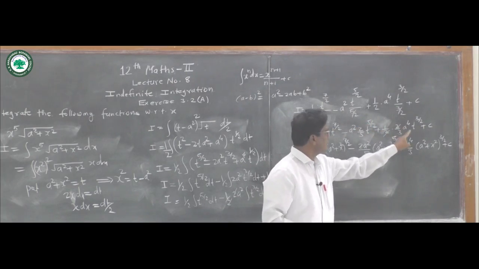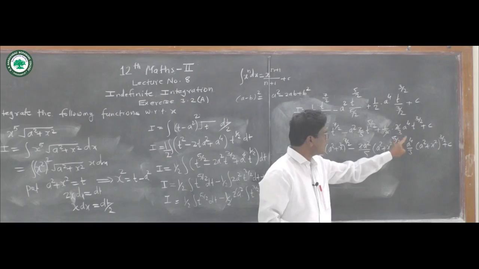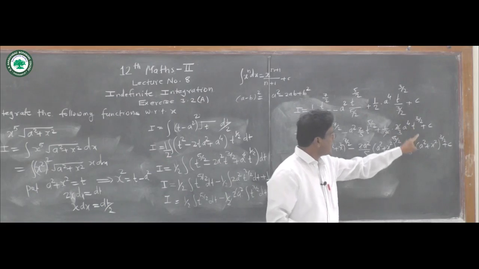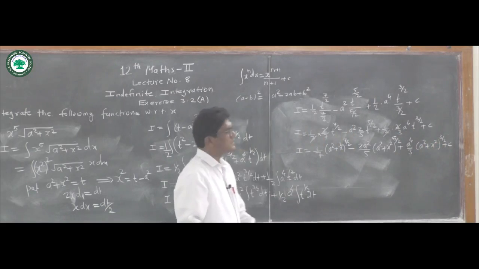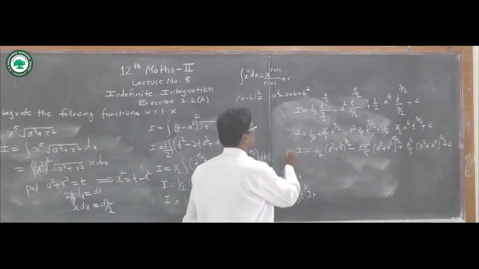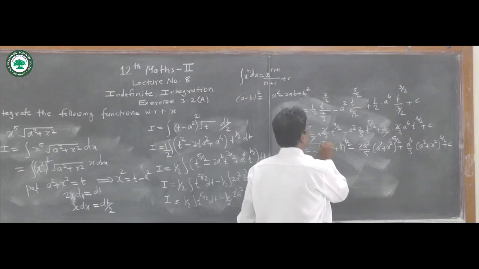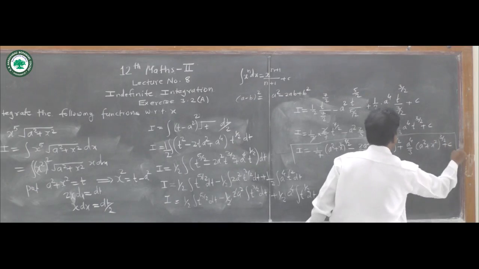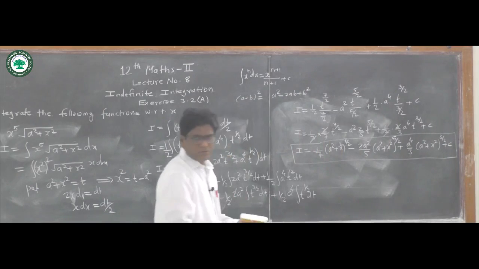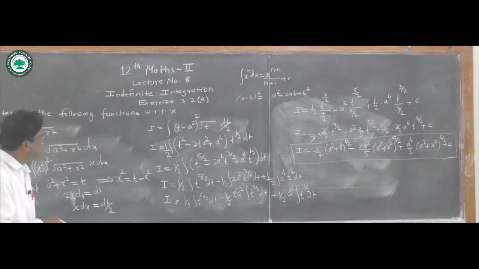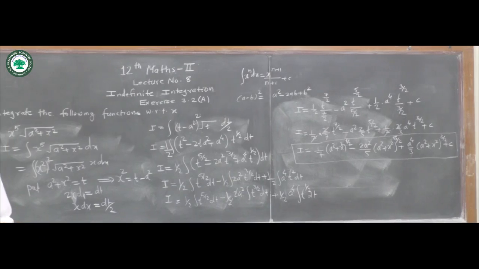Here a to the power 4 upon this 3 and a square plus x square to the power 3 by 2 plus constant of integration. And this is the final solution for this 20th problem. You take the screenshot and then write in your notebook. In this way we have completed the solution of 20th problem.